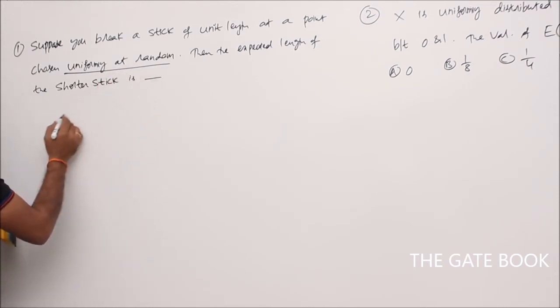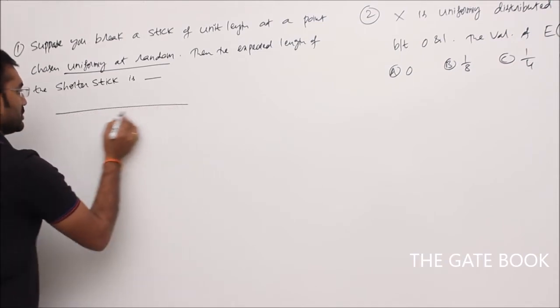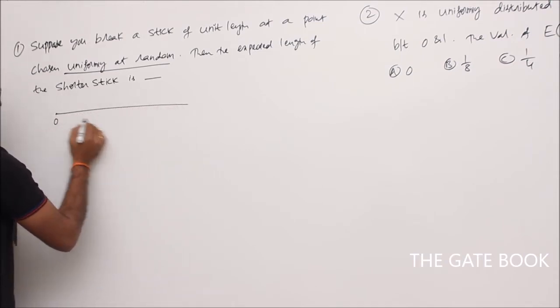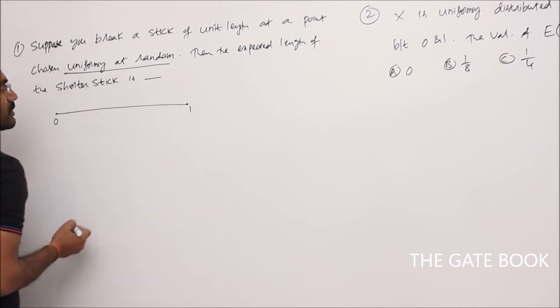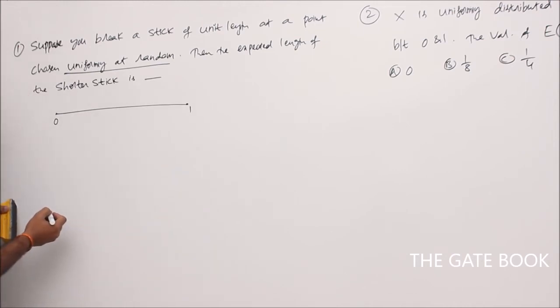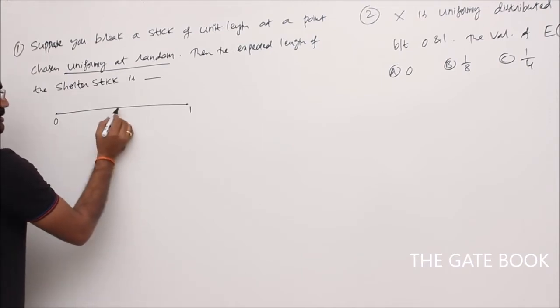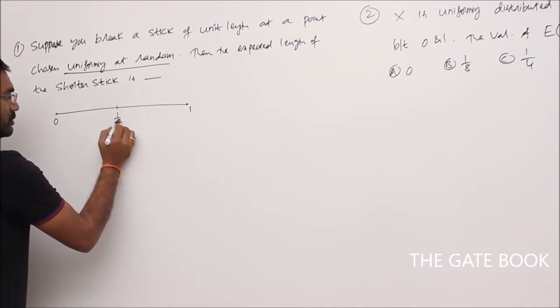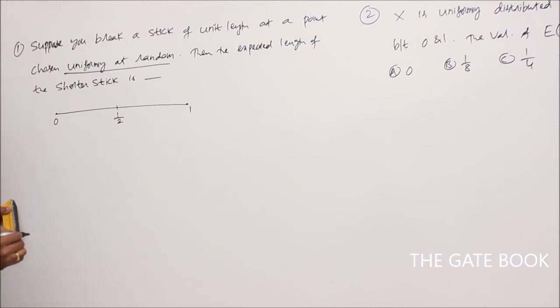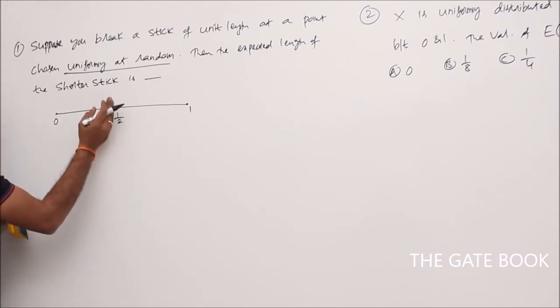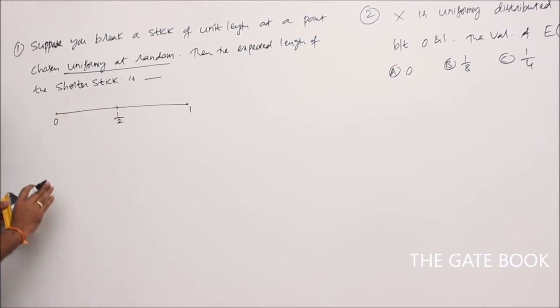Here the given stick has unit length, let us say from the initial point 0 to 1. Then the expected length of the shorter stick. Let us say this is the middle point, we will get 1 by 2. To get the shorter stick, you have to break that stick at less than half.